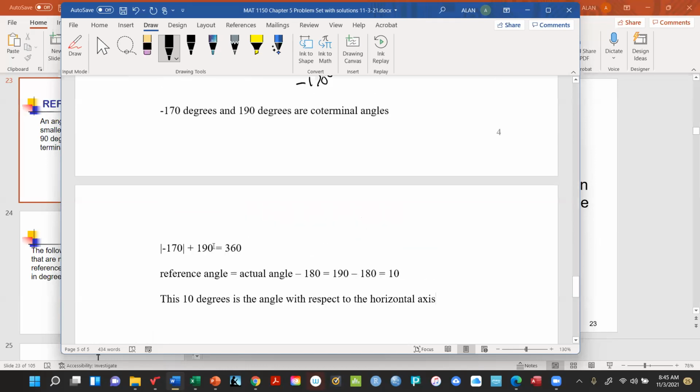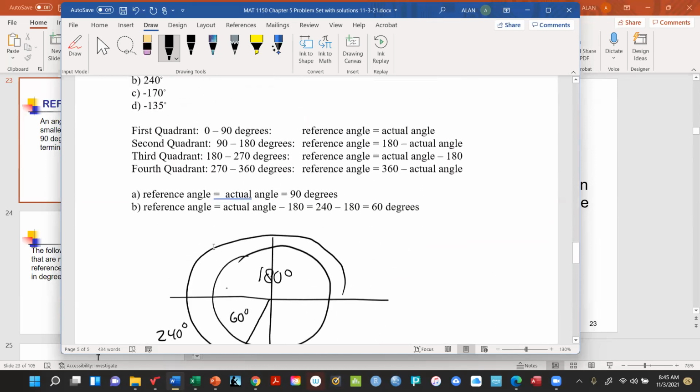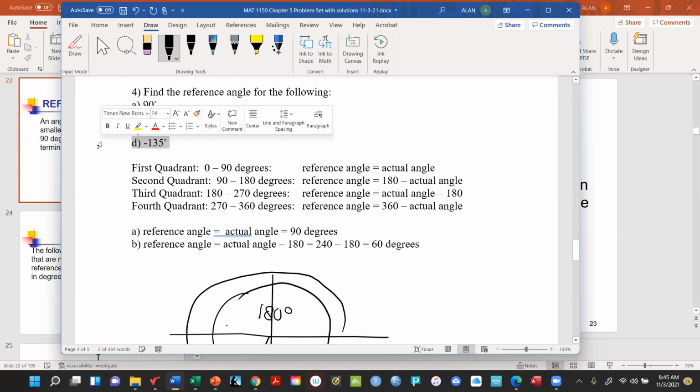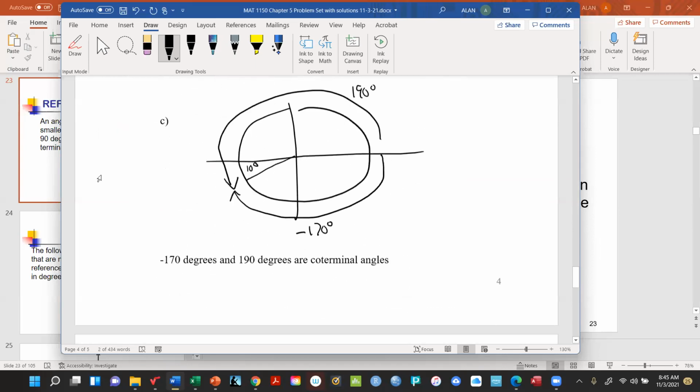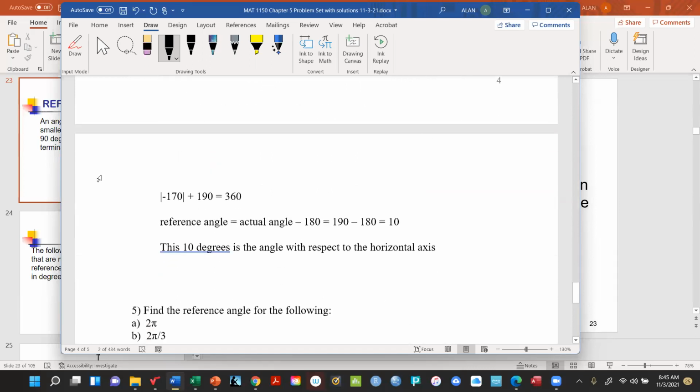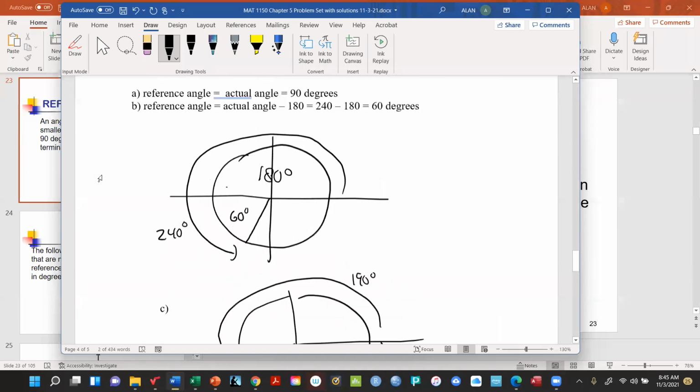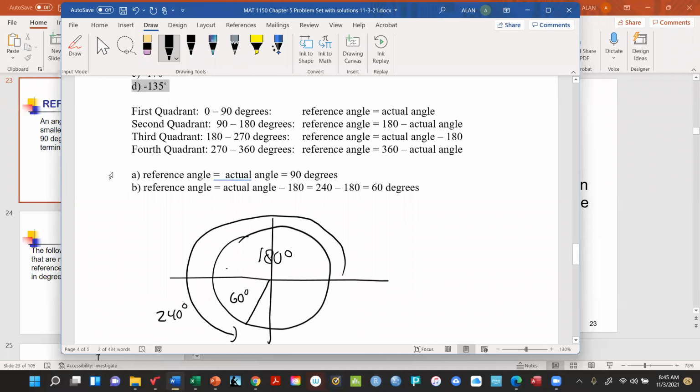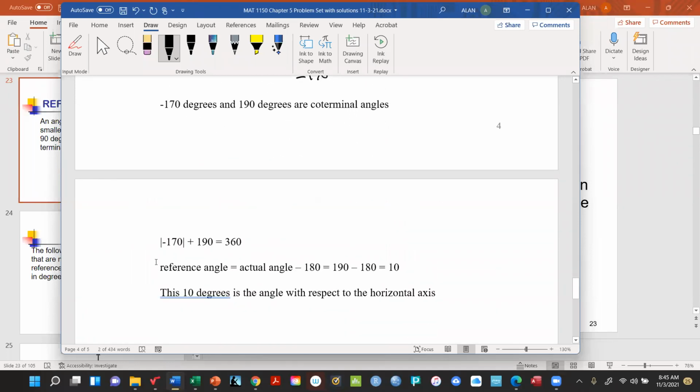All right, and then finally for D, we have negative 135. So again, we probably should convert that into the positive version because it just seems easier. Okay, positive numbers are much easier to deal with.